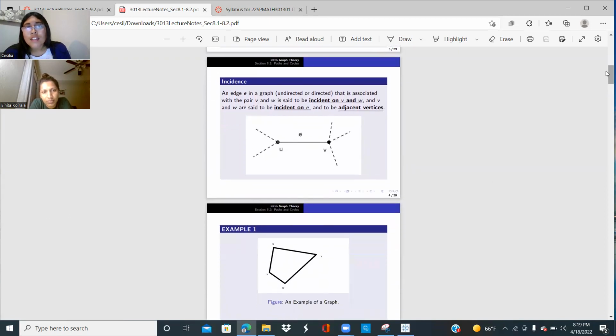Okay, let's see. An edge E in a graph, undirected or directed, is associated with the pair of V and W, and is said to be incident on V and W. And V and W are said to be incident on E and to be adjacent vertices. So V and W, is there a W here?